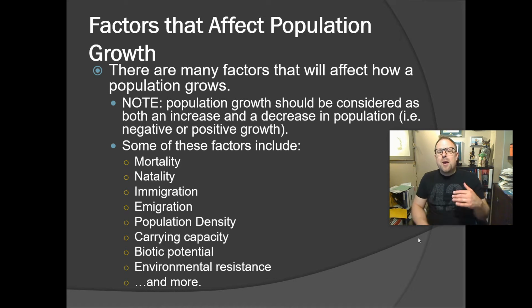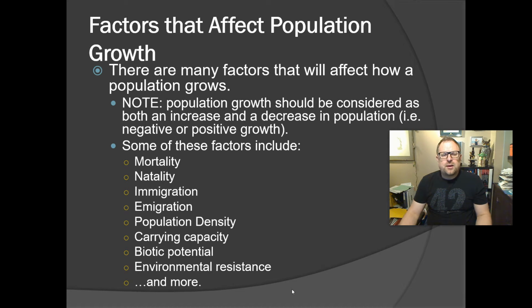So you can have positive population growth, which means the population is getting larger, or negative population growth, which means that the population is getting smaller, or you can have no population growth, which means that the population's size is remaining the same.